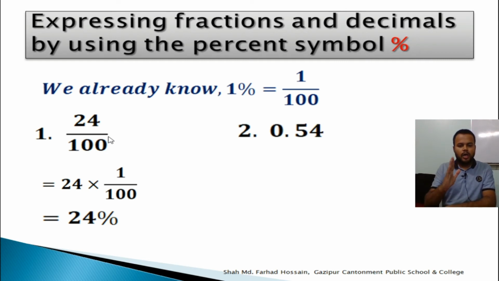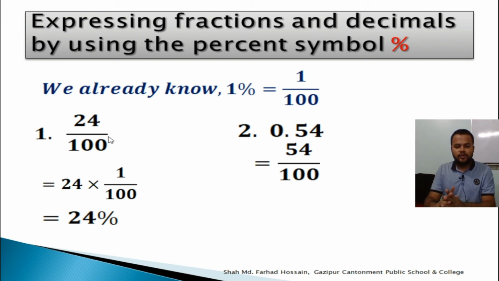Now question number 2. We are given a decimal fraction, 0.54. If we convert this decimal fraction into a fraction, then we have 54 by 100. We already know how to convert a decimal fraction into a fraction. So now this one is similar to number 1.